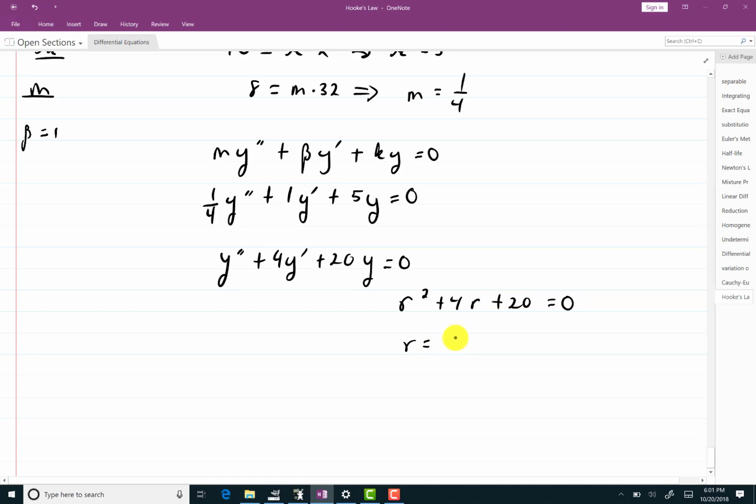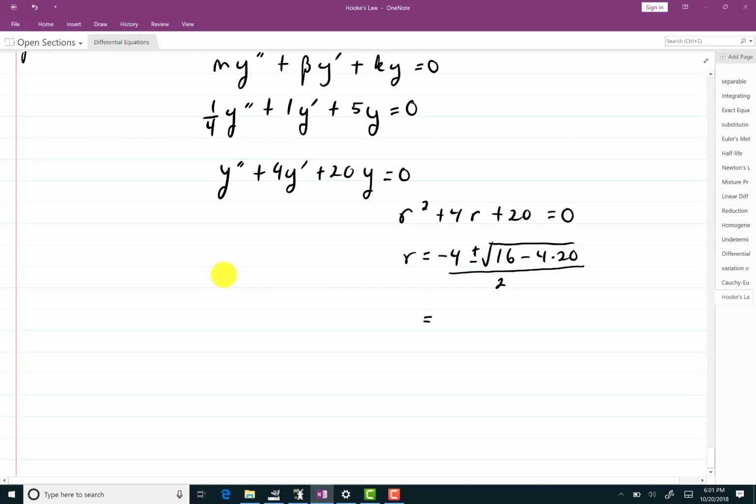So r equals -4 plus and minus the square root of 16 minus 4 times 20, all over 2. We have -4 plus and minus. This was obviously an example made to work out well. 16 minus 80 is -64, so I get plus and minus the square root of -64, or plus and minus 8i.